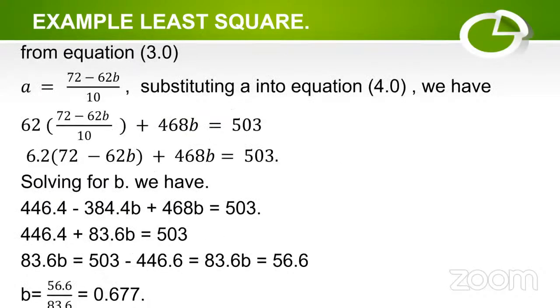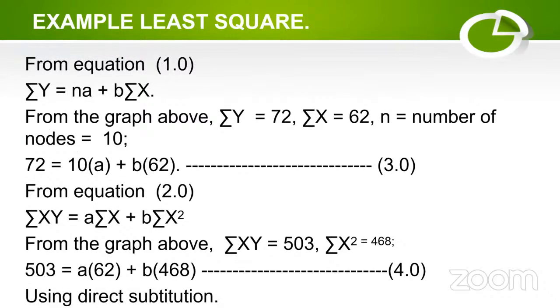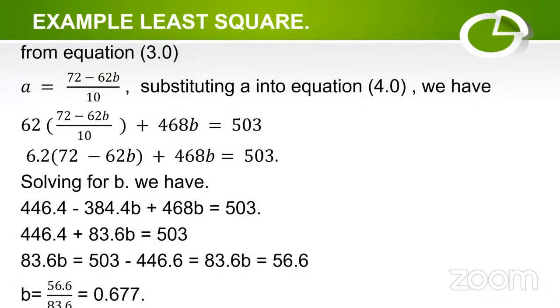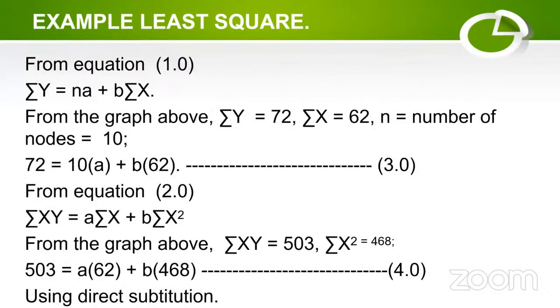So by direct substitution, from our equation 3.0, we know that our a will now be equal to 72 minus 62b over 10. We now take our a equal to 72 minus 62b over 10, and we substitute it into equation 4.0, which we have here.